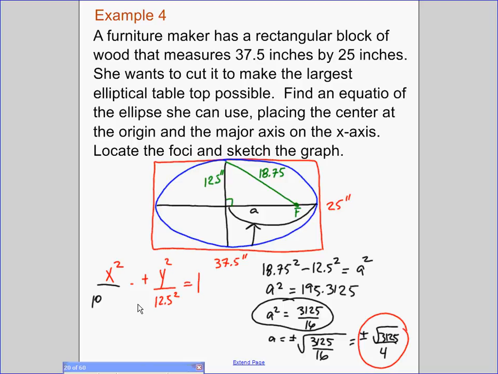So that should be 18.75 squared over the 12.5 squared. Now we'll use what I was just talking about to actually find the foci. And again on the x-axis, so we can use the plus or minus square root 3,125 over 16 here, 0. And there we have it.